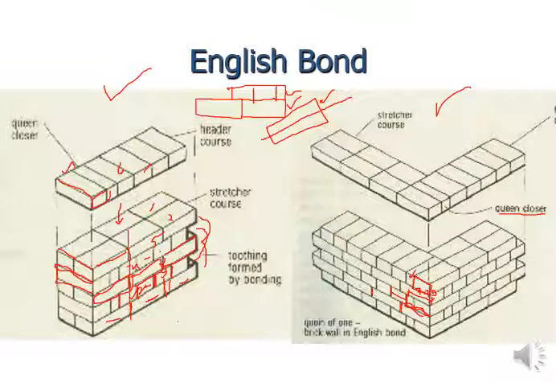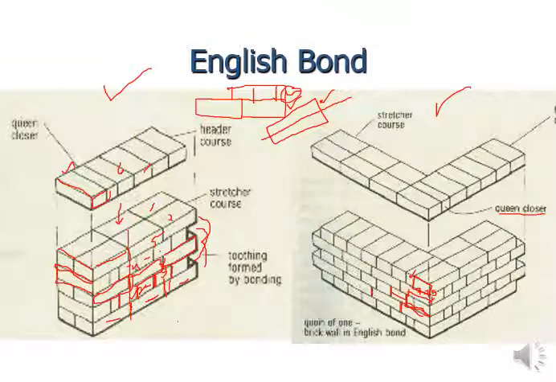Okay, so why is that so? Because it is unstable, its dimension is very small, so it is not going to give you a proper joint with the other wall. So if any damage or any striking element is there, any lateral forces like wind forces or earthquake forces are there, this queen closer can give you an unstable condition because its dimension is very small.